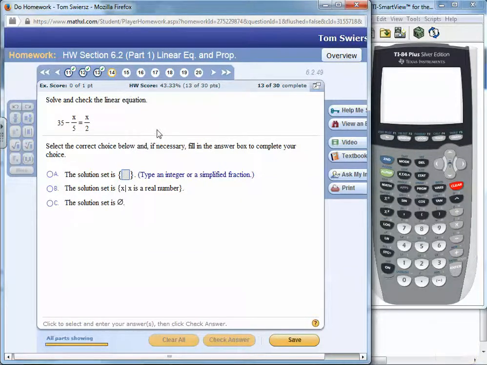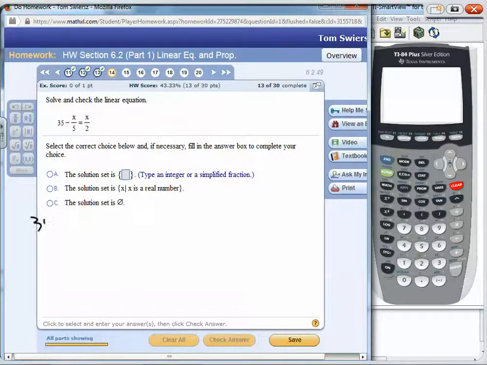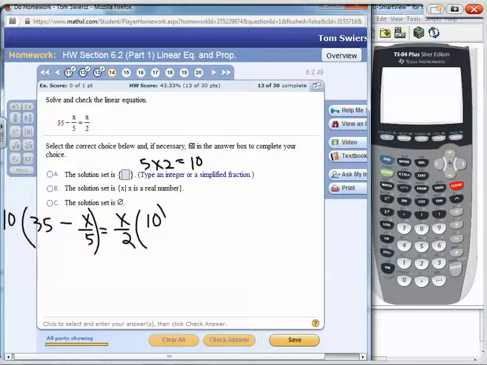Homework exercise number 14. 35 minus x over 5 equals x over 2. Again, nothing's common among 5 and 2, so 5 times 2 is equal to 10. So we can multiply everything on the left side and on the right side by 10. Okay?